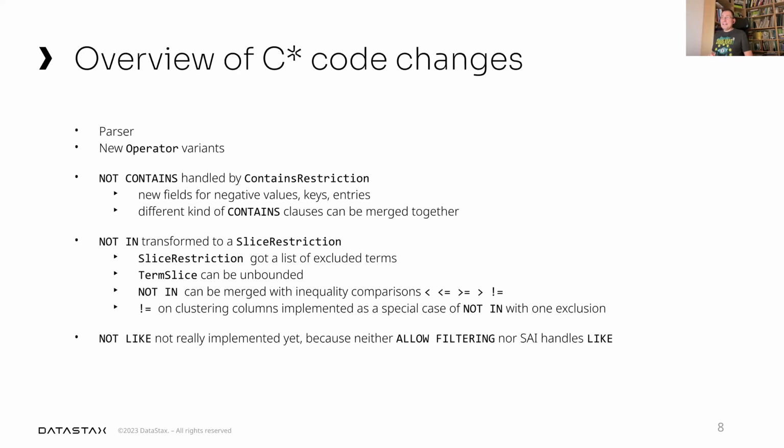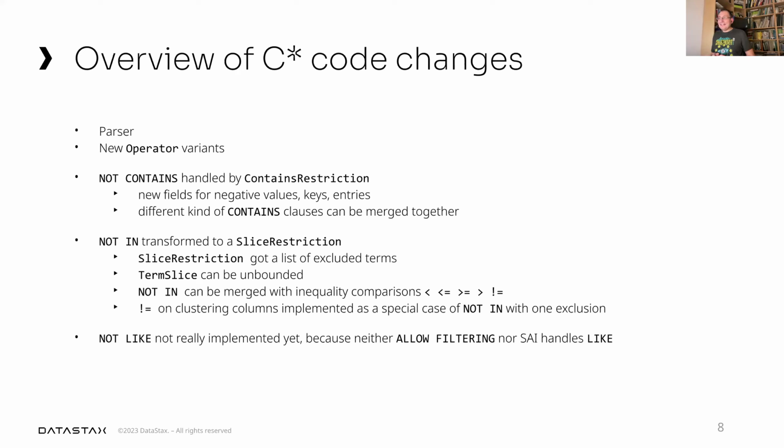So I found it. My initial idea was to copy the contains restriction, rename it to not contains restriction, and implement it accordingly, reverting the logic inside, putting negation in various places so that it works. And that kind of worked.